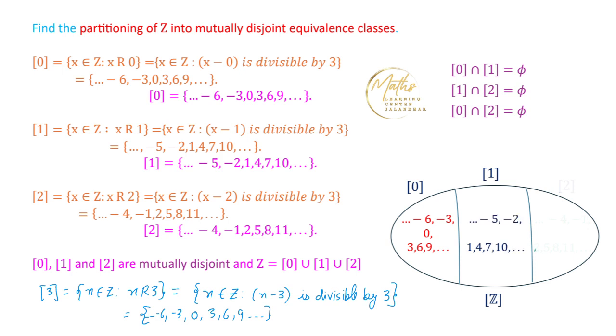Then we have the equivalence class of 2, with the elements 2, 5, 8, 11, and so on, and negative numbers -1, -4, and so on. So what we have done is partitioned this set of integers into 3 mutually disjoint equivalence classes.